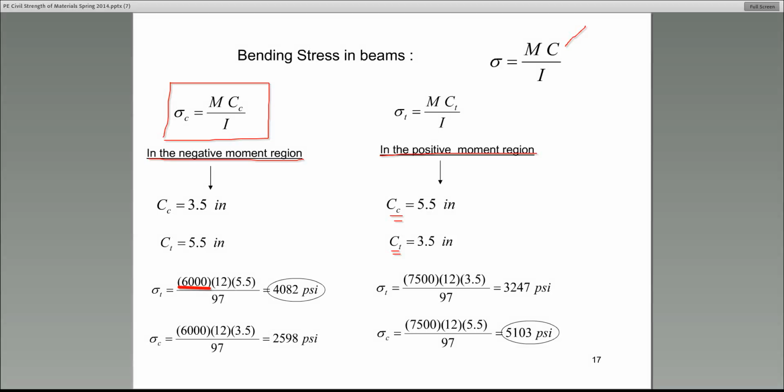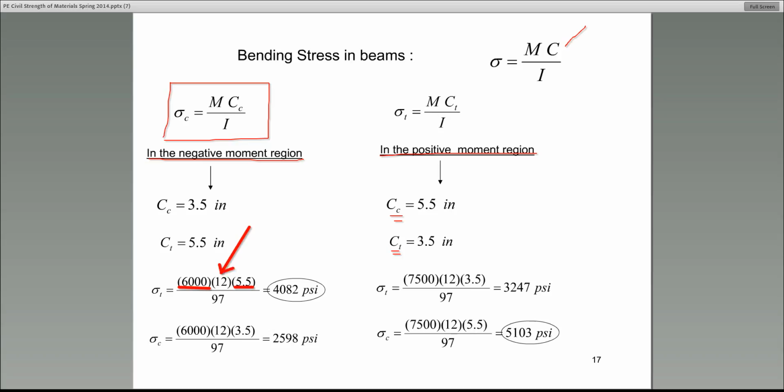What about the C sub t? C sub t is 5.5 inches. So we need a conversion factor. Write it down. We need a conversion factor. Why? Because 6,000 is in foot-pounds, 5.5 is in inches, and if you look at the denominator, 97 is in inches to the fourth. So we need a conversion factor, and the conversion factor here is 12.